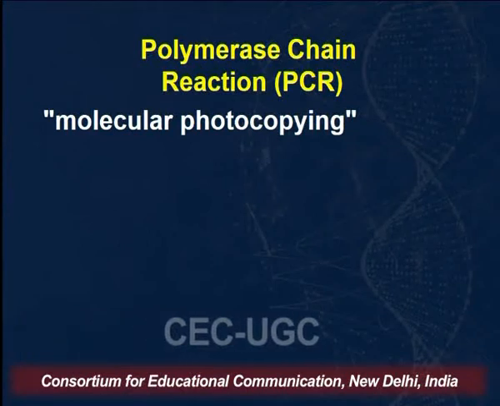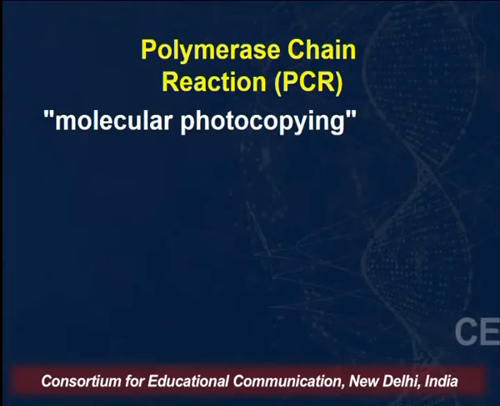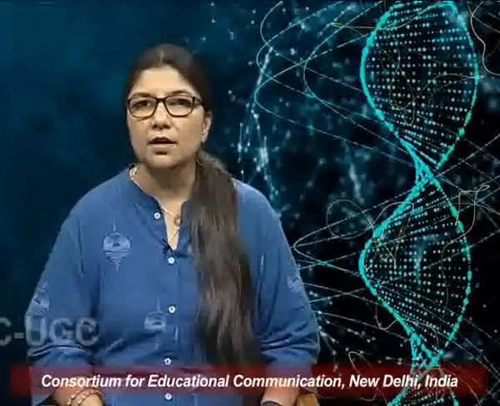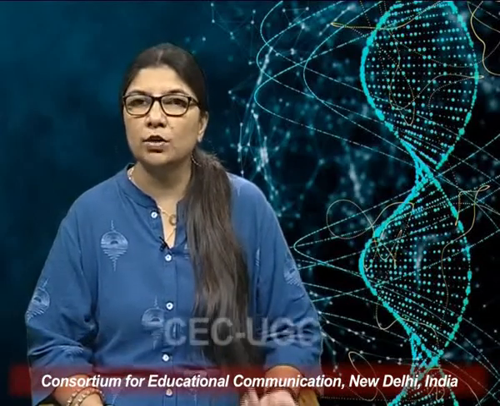Polymerase chain reaction is also termed molecular photocopying. Photocopying means producing the copy of itself. So when we use a DNA fragment, by this polymerase chain reaction, and that is why it is called a chain reaction, because one after the other a reaction happens and the product is multiplied and you get a lot of copies of that target or template DNA.